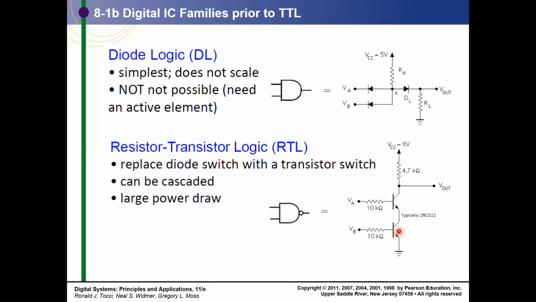Typically for a silicon transistor, your VCE is 0.2 volts. So when this device is conducting, the VCE is 0.2 volt. Here also it will be 0.2 volt. So you will get 0.4 volt over here. And as soon as one of these two inputs is low, that corresponding transistor will have VBE less than the diode potential.